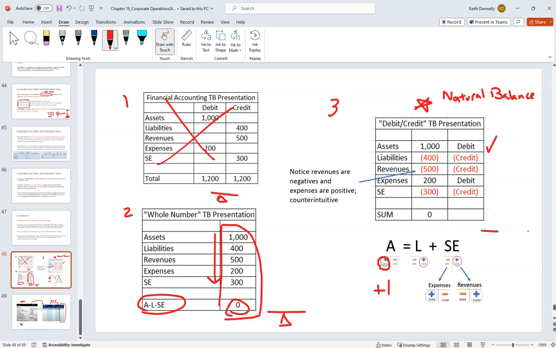And how you know that it balances here is if you just do a sum. It's not like over here, it's a modified version. You have to take your assets minus your liabilities minus your stockholders' equity equals zero. Here, it's changing it up a little bit. Instead of doing the subtractions here, we make these negative based on their natural balance. And in this way, we can sum it to zero. So just be aware of that.